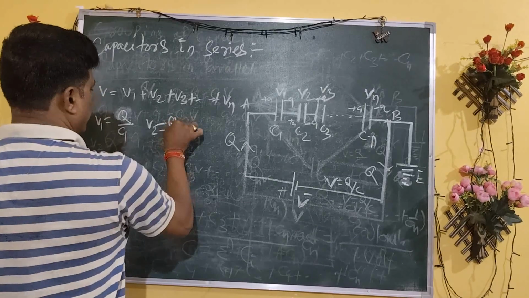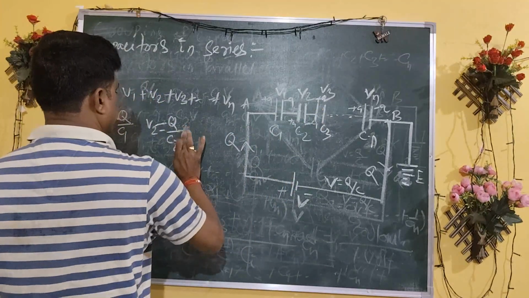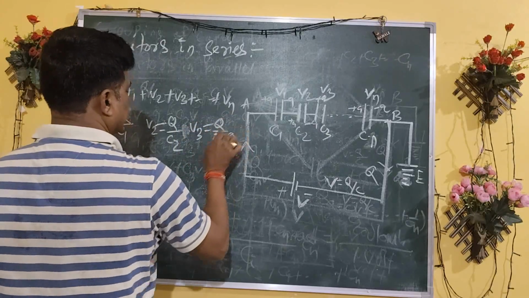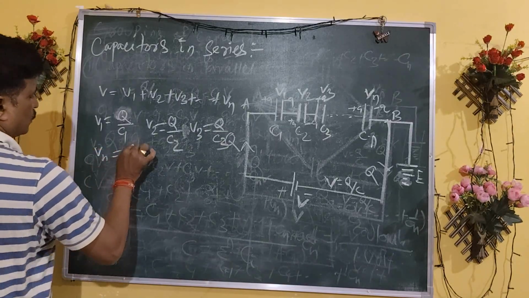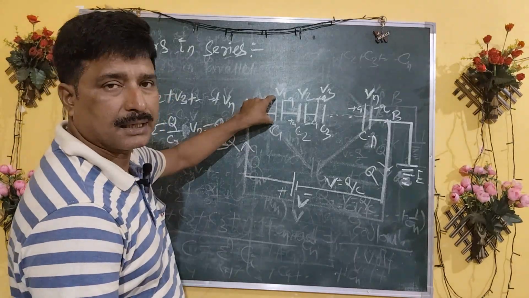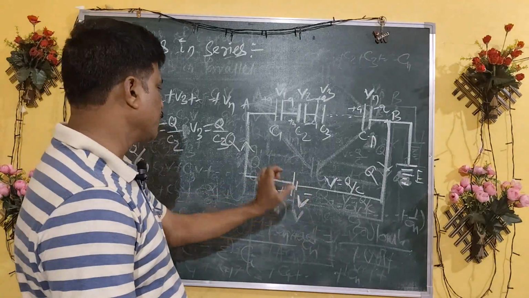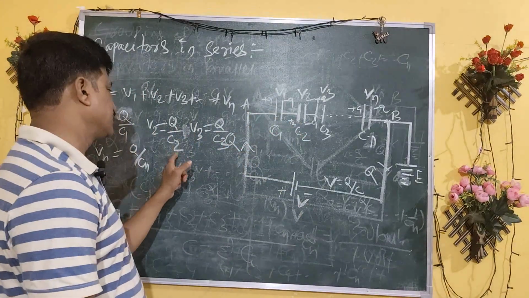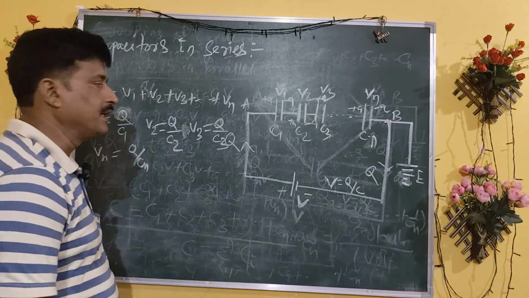V2 is equal to Q by C2; the same charge is flowing through all of them, so I have taken Q. V3 is equal to Q by C3, and similarly for the last one, Vn is equal to Q by Cn. So in the first capacitor the potential difference V1 is equal to Q by C1, V2 is equal to Q by C2, V3 is equal to Q by C3, and similarly Vn is equal to Q by Cn.